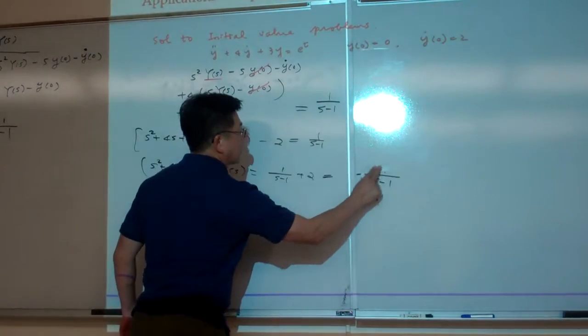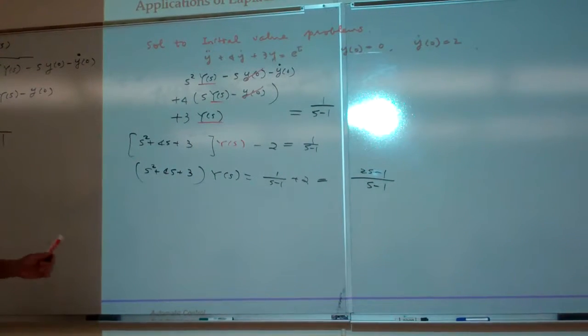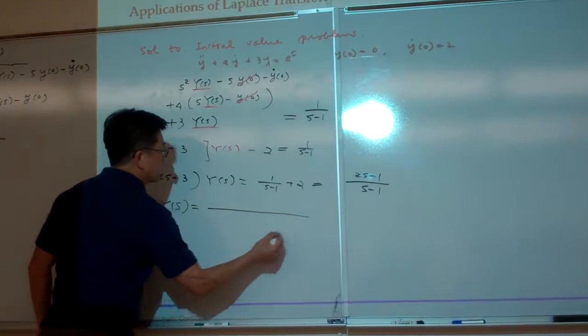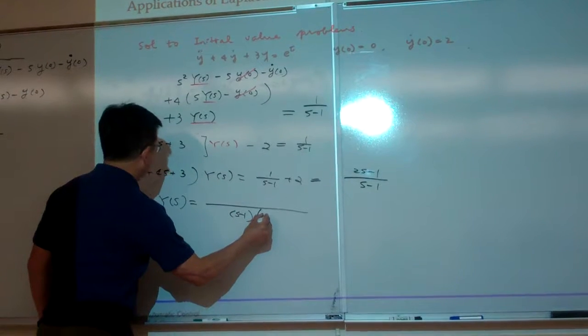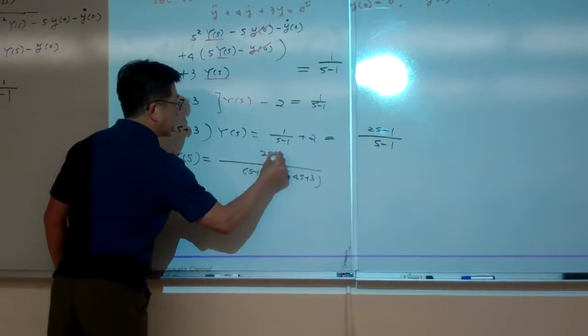2s minus 1 over s minus 1. So therefore, Y of s will be equal to 2s minus 1 over s minus 1 times s squared plus 4s plus 3.